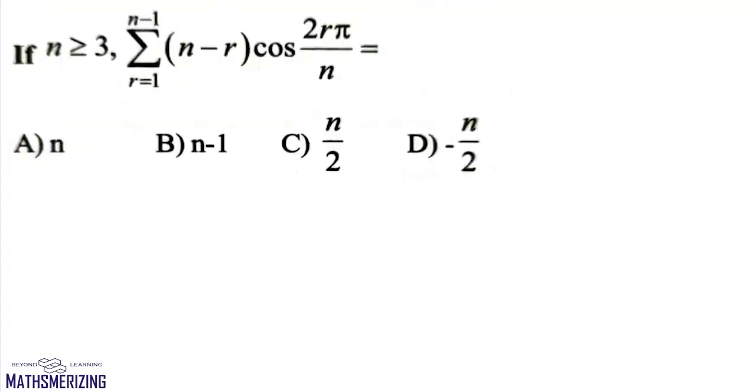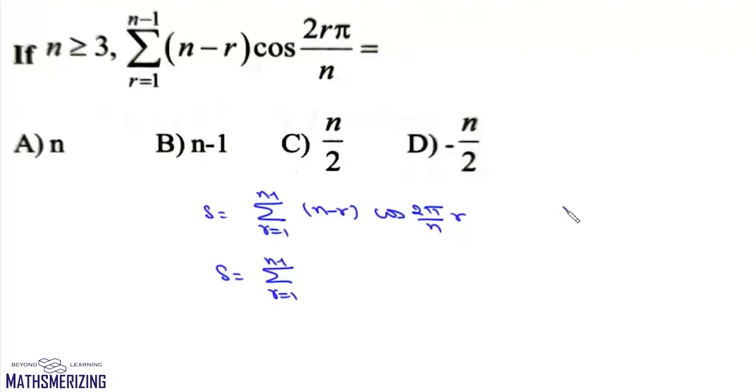Now here the question is, we need to find this summation, sum r varies from 1 to n minus 1 of (n minus r) cos(2 pi by n into r). Now if we reverse the series, we can write this series as summation r varies from 1 to n minus 1, and we'll replace n minus r with r.